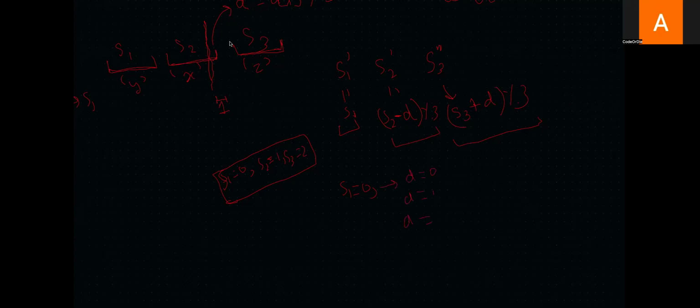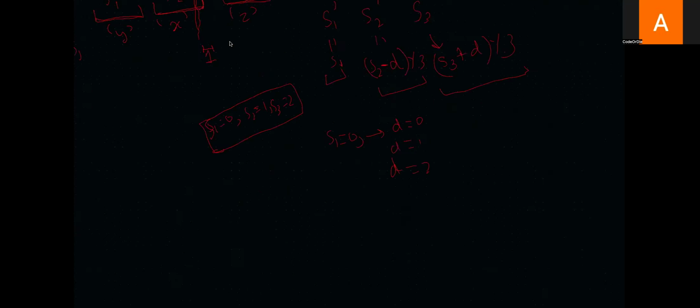So S2 minus 0, that is 1 minus 0, percent 3, it still remains 1. And S3 was 2, so 2 plus 0, percent 3, it still remains 2. So 0, 1, 2, no change.